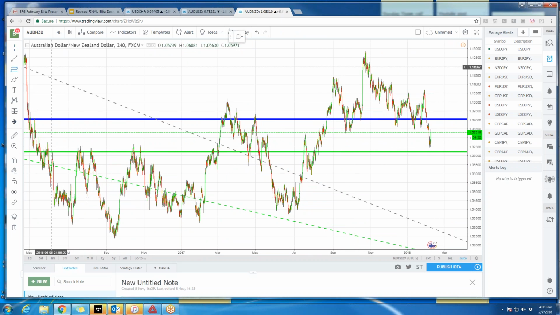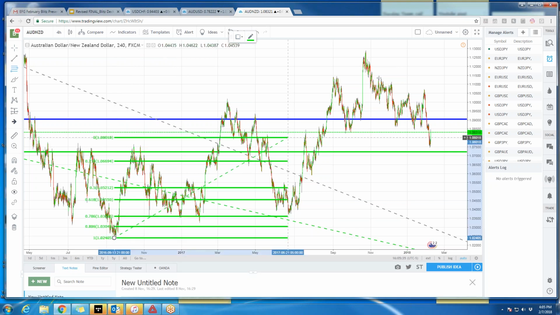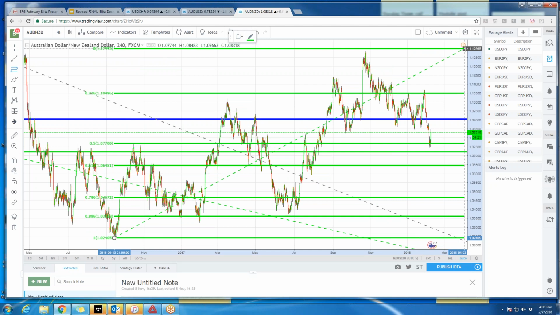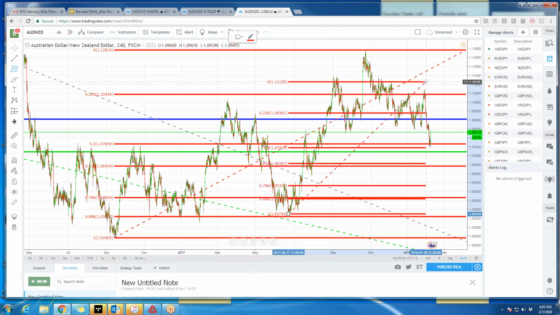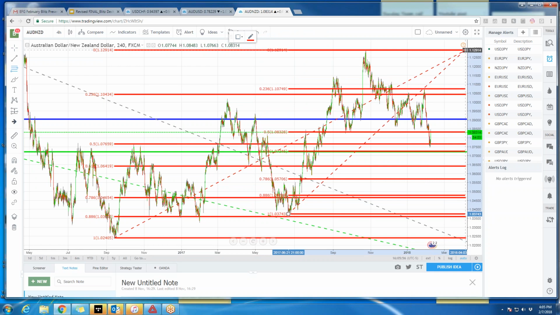So now that we're on a 4 hour Fibonacci, swing low, swing high, get red. Swing low, swing high, that's black.